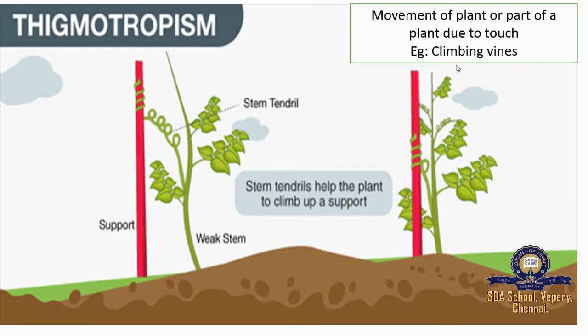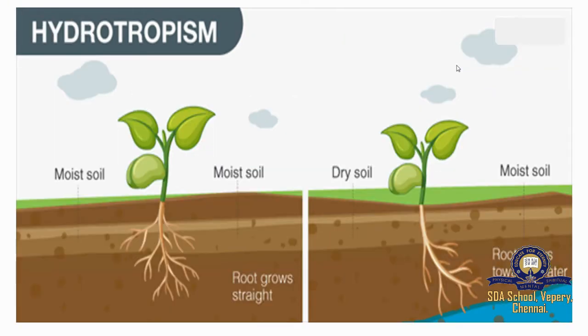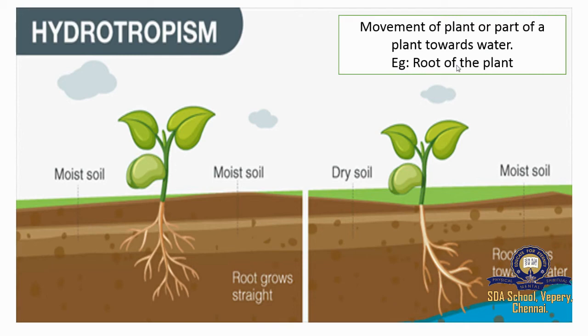So let's move on to the fourth type of tropism, which is hydrotropism. As the name suggests, hydro means water, right? So the movement of plants in response to the stimulus of water or moisture is called hydrotropism. Example, the root of the plant. In this picture, you can see the root grows towards the water, whereas in this normal plant, the root grows straight.